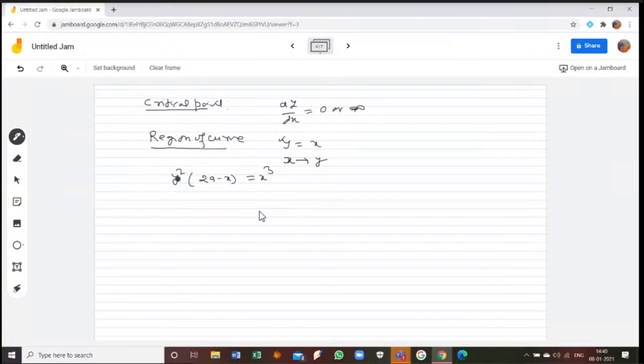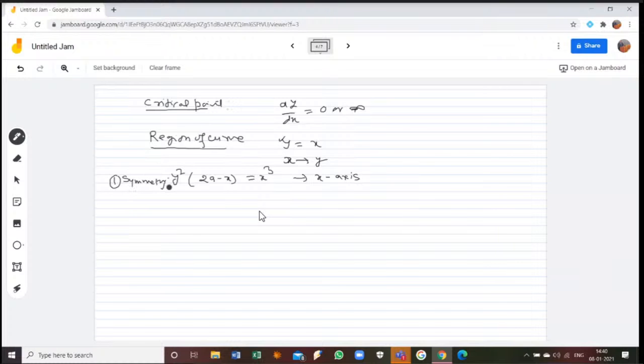Therefore, this curve is symmetrical about the x-axis. After getting the symmetry, we go further. When you do the problem, you have to write a few lines about the tracing, not in detail, but something.